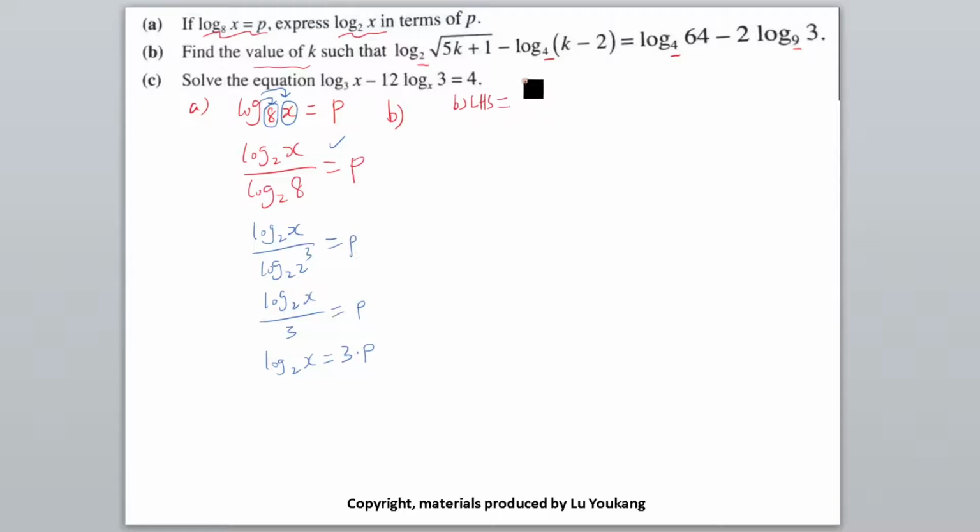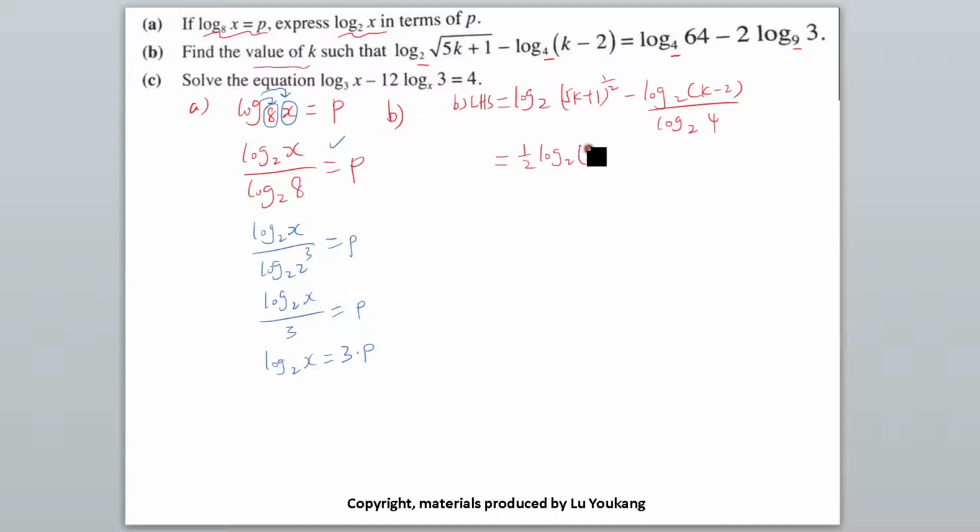So let's start with my left hand side, which is denoted by LHS. So my first term of LHS, I can simplify it to be like that. And my second term, minus log base 4 of (k minus 2), I change the base to 2. Therefore I get log base 2 of (k minus 2) over log base 2 of 4.